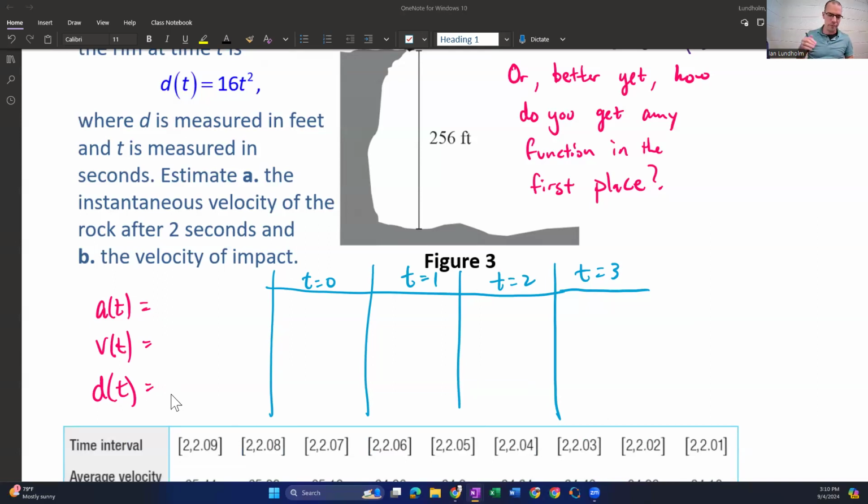So hopefully, you'd be familiar with this. We're going to be measuring things in feet and seconds today, just the way it is. But if we were to measure distance in the context of this problem, the unit of measure would be feet for distance. The unit of measure for velocity would be feet per second. And so that becomes this ratio.